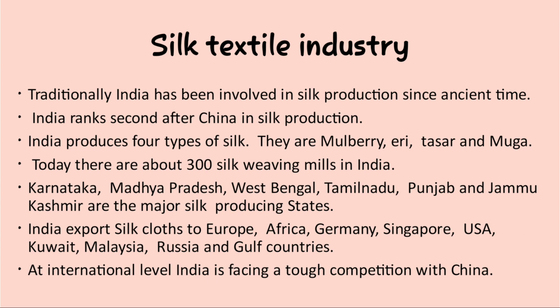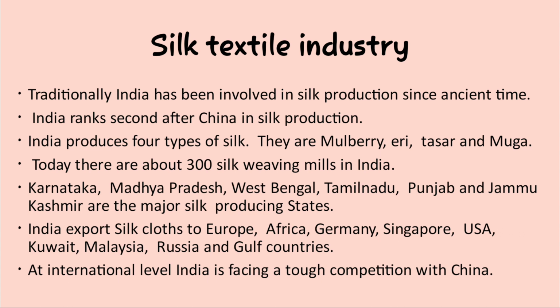India ranks second after China in silk production. So first maximum producer of silk is China, second comes India. India produces 4 types of silk. They are mulberry, eri, tussar and muga.